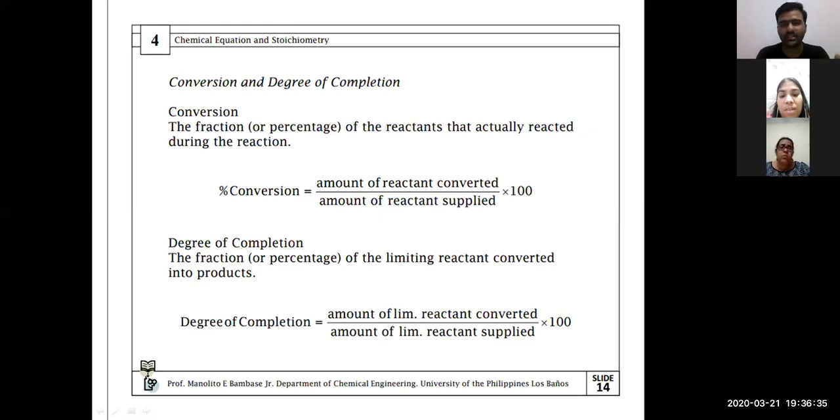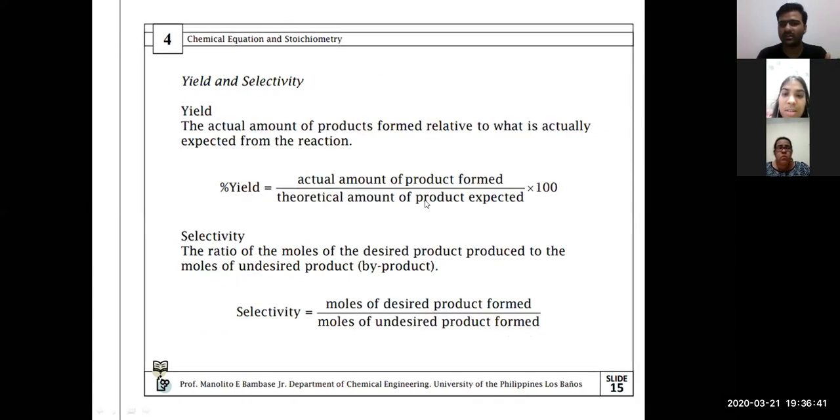Now, how does it compare and contrast with yield, percentage yield? Percentage yield is more product specific. For example, consider nitration of phenol. Nitration of phenol will give you a mixture of orthonitrophenol and paranitrophenol. But say I'm only looking at paranitrophenol as my desirable product.